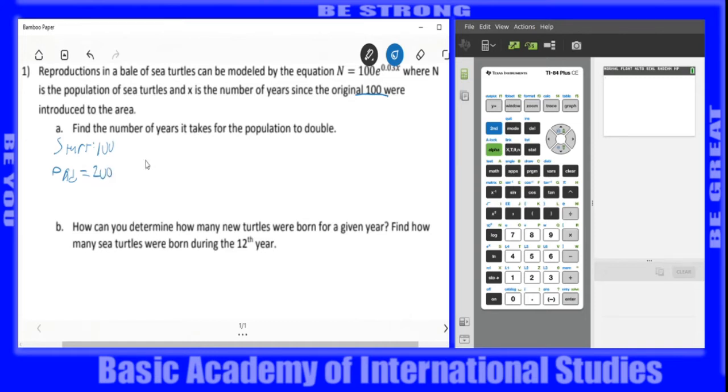So that means that n is going to be 200 because that's how many we end with. And everything else, we just simply input into the equation. 200 equals 100 e to the power of 0.03x. And now we just have to find out how to solve this.